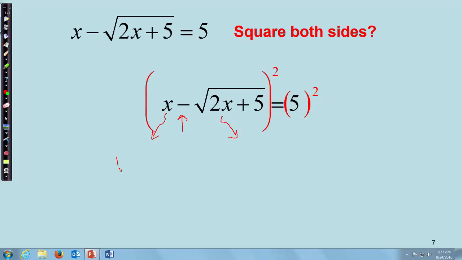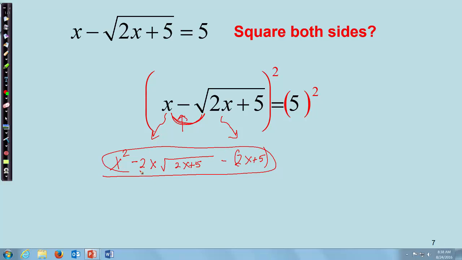You square the first term, you square the second term, that's the easy part, but you also multiply these two and double it. So that would be a negative 2x square root 2x plus 5. And so, if nothing else, you see that if we just did a square on this right here, we get something that is a lot worse than what we started with.